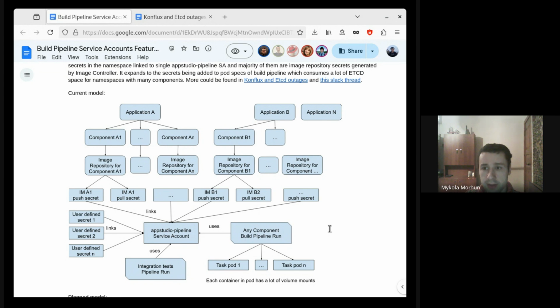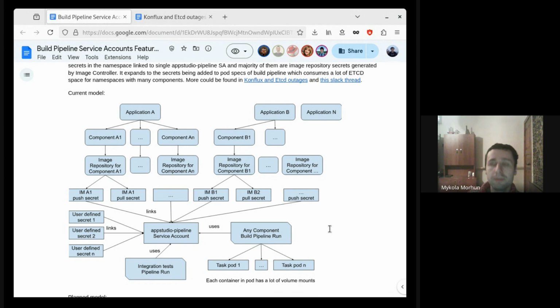And other than that, we would give explicit permission to push into any component repository. So right now it's still possible, but it requires, I believe, no, wait, if you mount everything, yes, that's for pull, sorry.